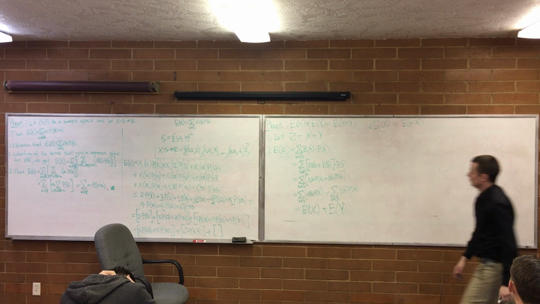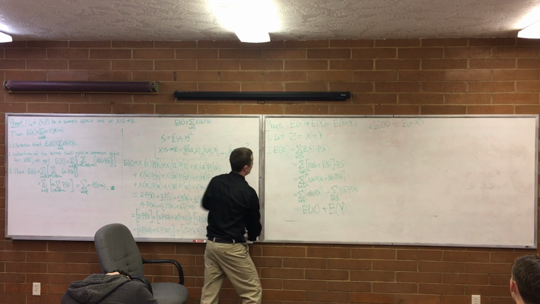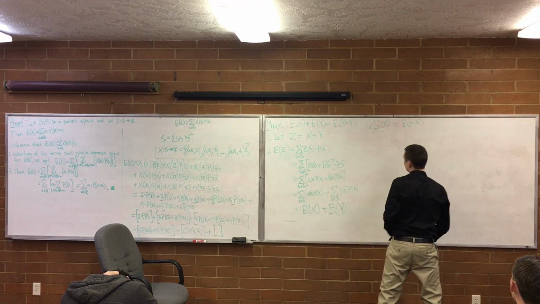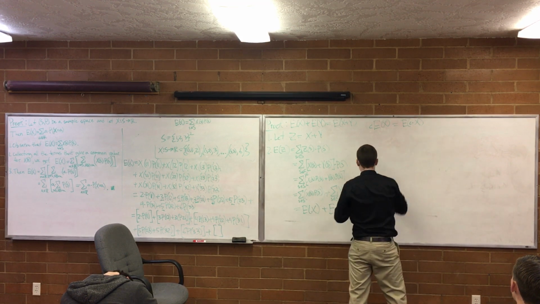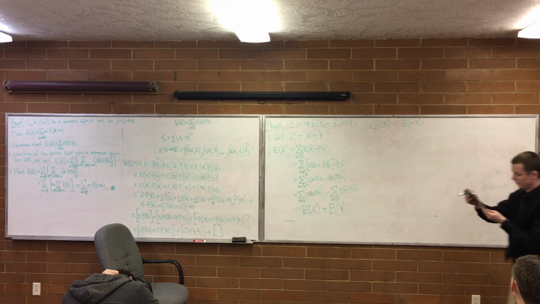And then finally, we have what's called the linearity of expectation, which is combining this and this into one. So maybe I'll just write it right here, the same way they do.